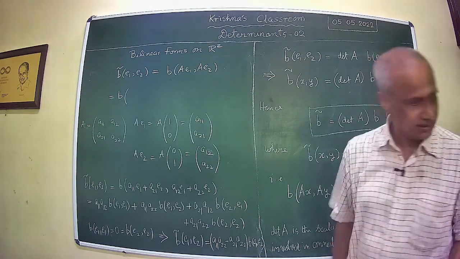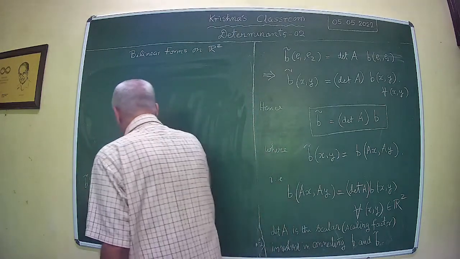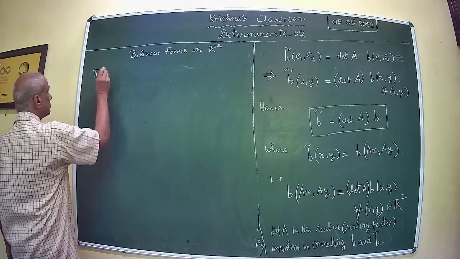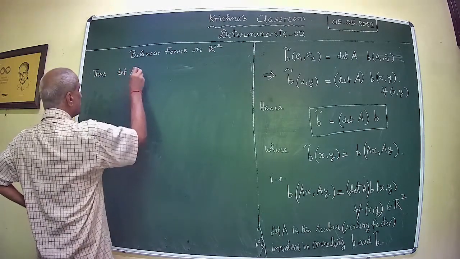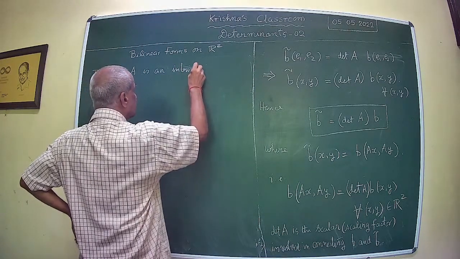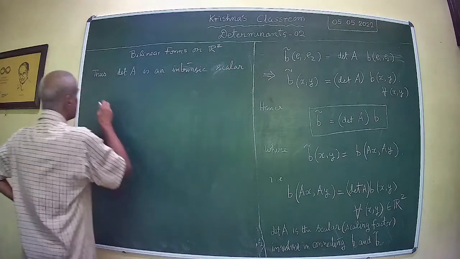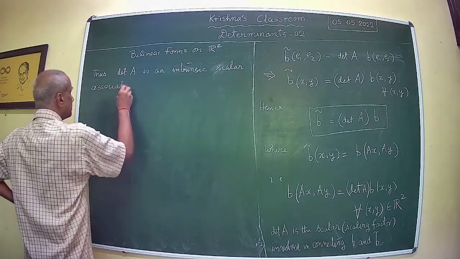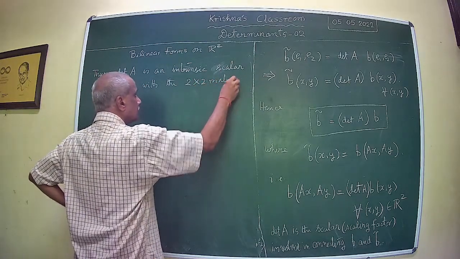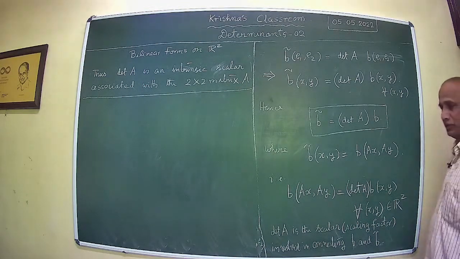Therefore, this is an intrinsic scalar that is associated with A. So this is all about the determinant in the case of a 2 by 2 matrix.